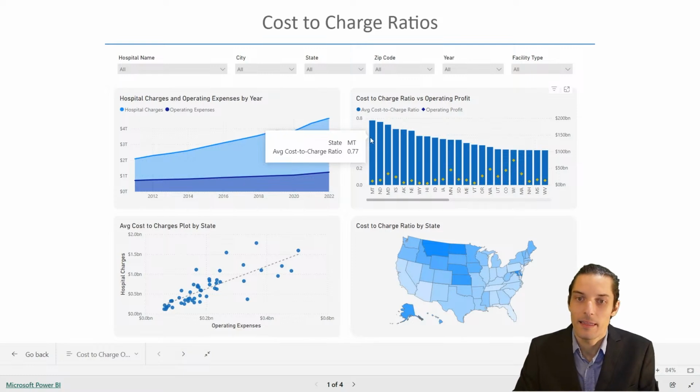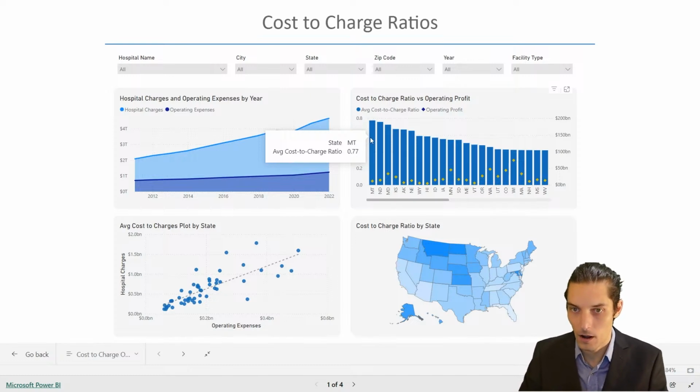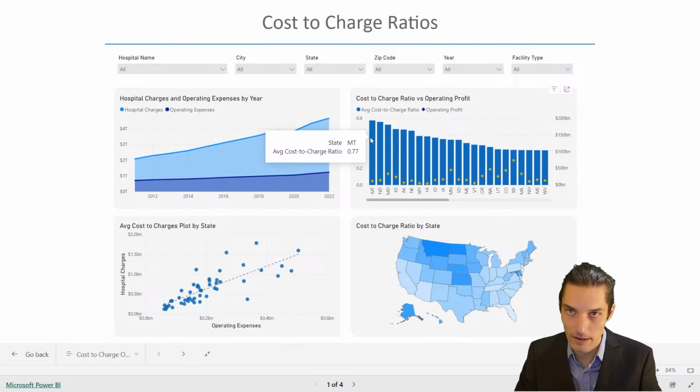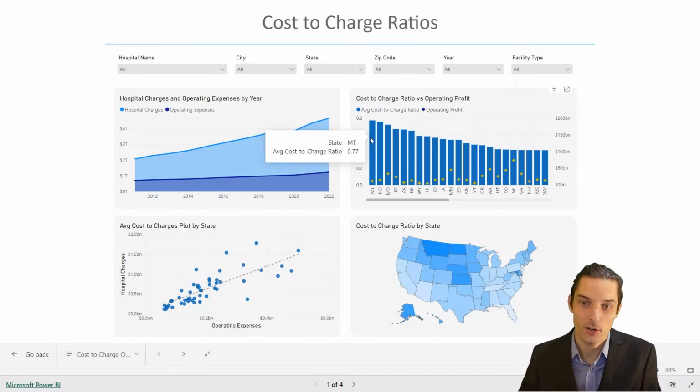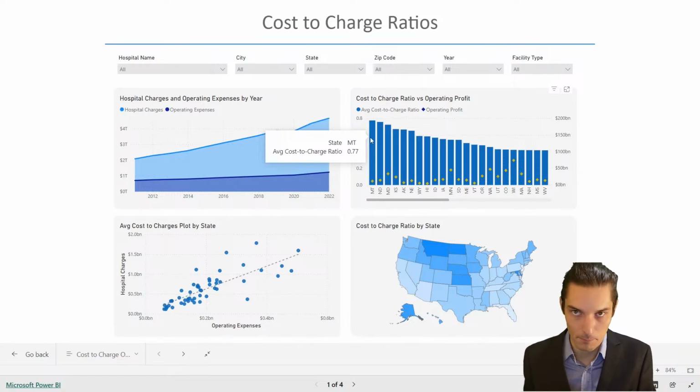And so in this case, if Montana hospital systems and clinics have a 0.77 cost to charge ratio, what this means is that their costs and charges are pretty close to the same. And so if you get a bill and a top line charge from any place in Montana, they're not necessarily going to come down that much because it's more in line with what their costs are.